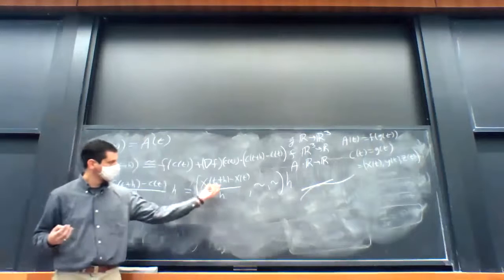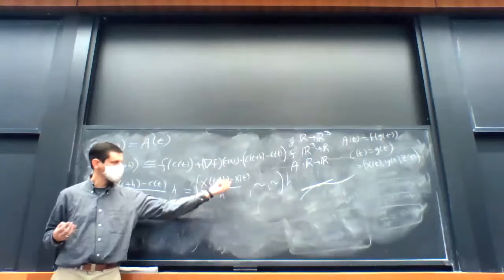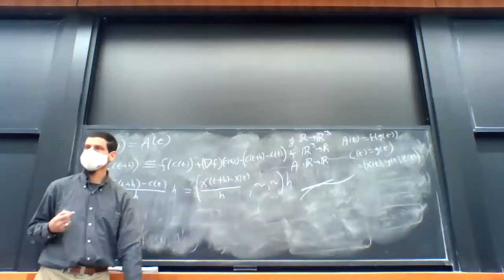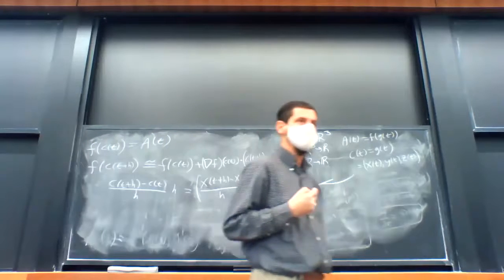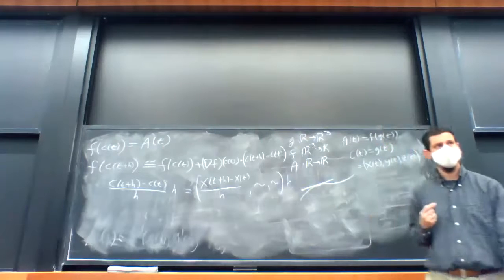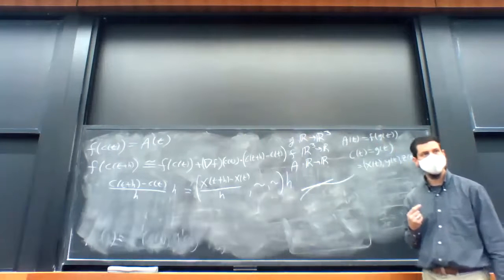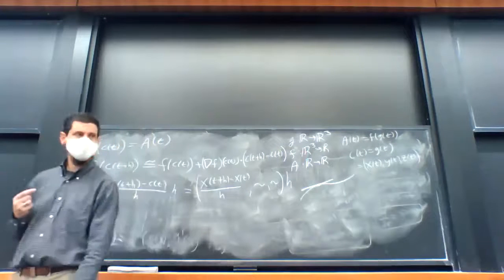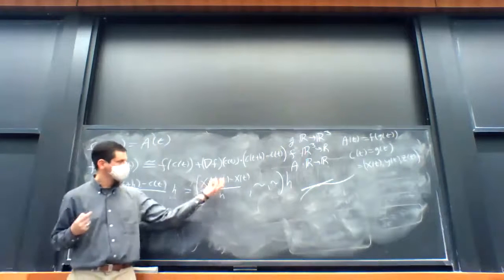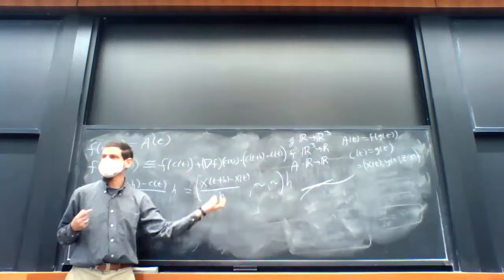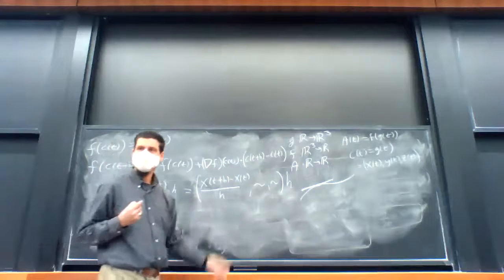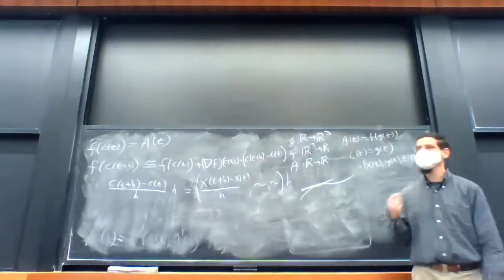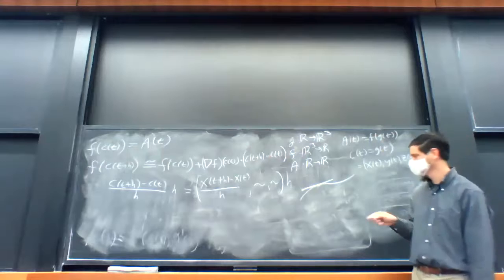Well, as h goes to 0, what is x of t plus h minus x of t over h? What does that converge to? So what will that look like? There's a nice name for x of t plus h minus x of t over h as h goes to 0.